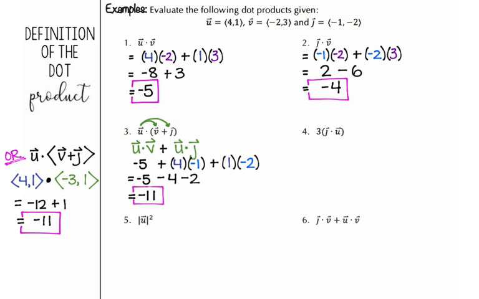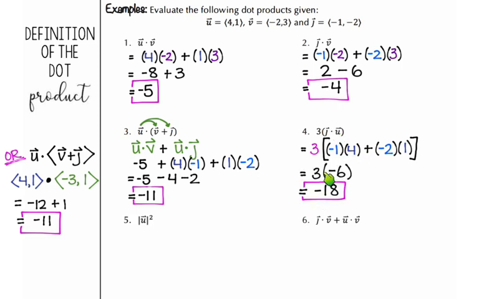Okay. Problem number 4. Well, we're going to do the dot product of j and u, and then multiply it by that scalar. We could have done 3 times j and multiplied j times 3 right away and then dotted it with u.